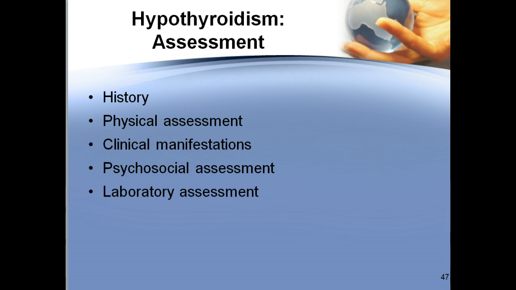He or she may speak slowly and may take a long time to respond to questions. Everything cardiac is decreased. Body temperature is decreased. Weight gain is very common, and depending on the cause of the hypothyroidism, the patient may have a goiter. So it just kind of depends.